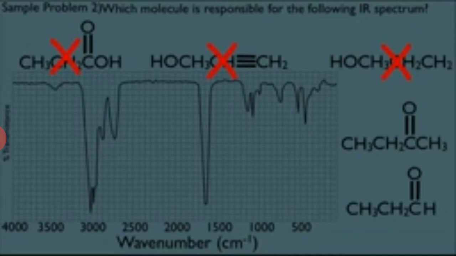Now how can we differentiate in this case? For this you need more practice. We need to understand the small differences when you have similar structures. If you look at both compounds, the upper compound is a ketone and the lower compound is an aldehyde.